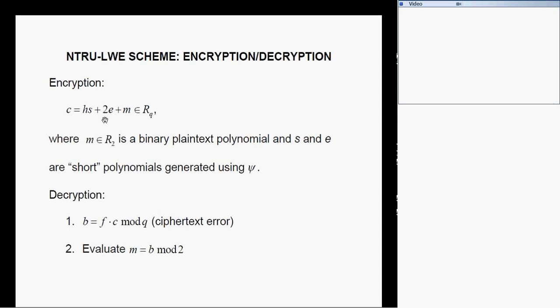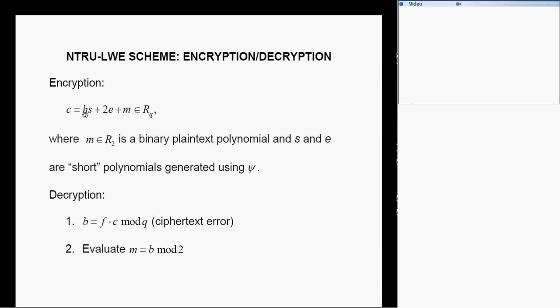One is the NTRU problem, which in a sense guarantees that this polynomial H is uniform. And the second is the Ring-LWE problem that guarantees that this expression is uniform. The Ring-LWE problem is much stronger in the mathematical sense. So this is why we have a formulation like this from the security perspective.